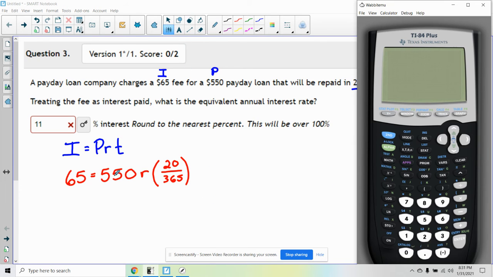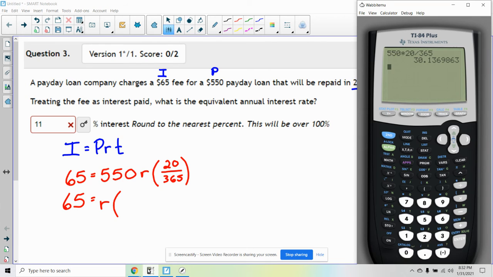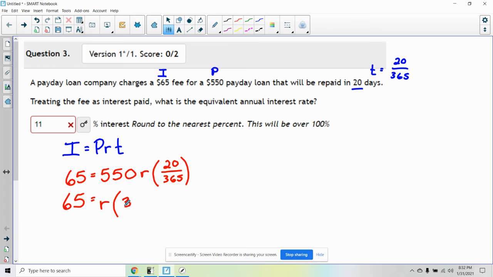So the first thing I'll do is figure out what this number on the right-hand side is going to be with the R. So I'll do 550 times 20 divided by 365. So I'm left with 65 on the left equals R times 30.137.